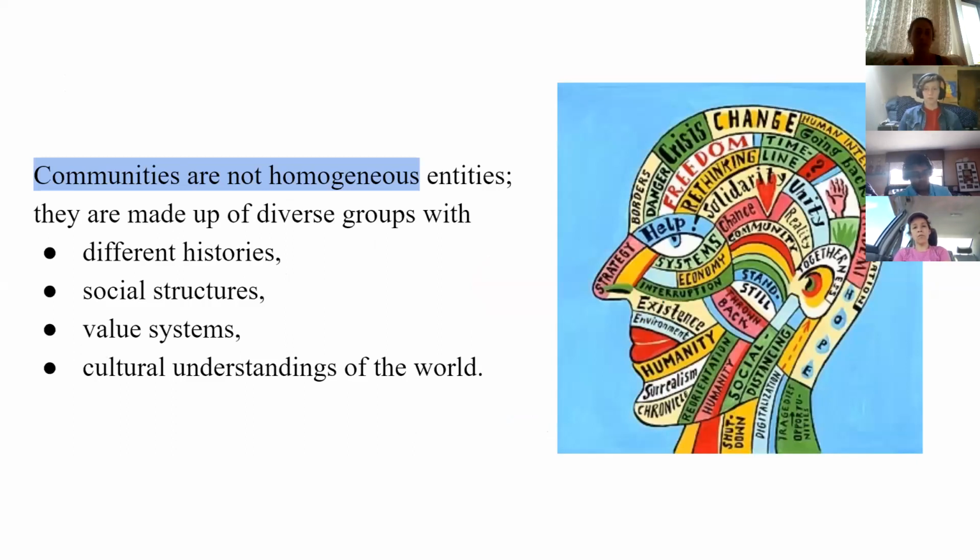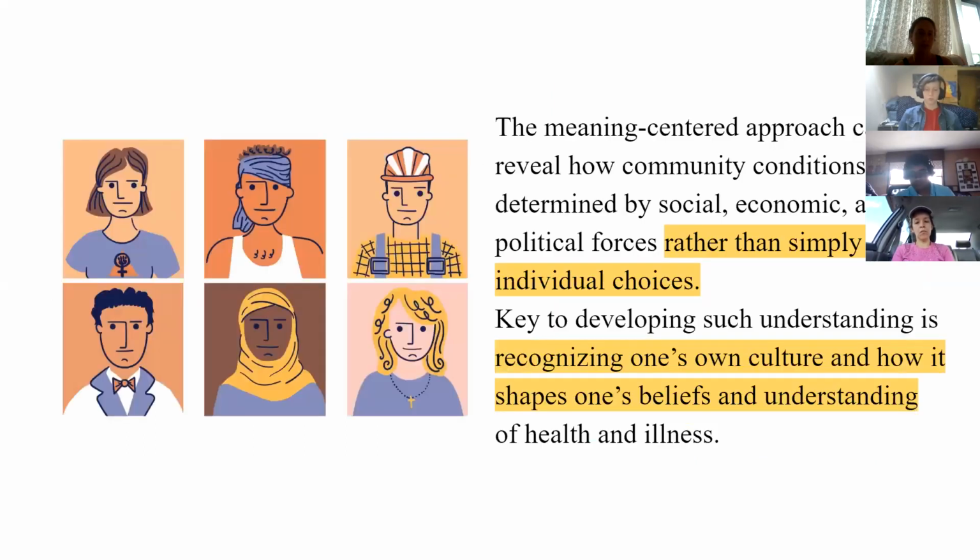They are not homogeneous, and they are made up of diverse groups with different histories, different social structures, different value systems, and different cultural understandings of the world. To really understand why a community exists and to gain a meaning-centered approach towards a community, we need to recognize an individual's own culture and how it builds up one's belief systems and identity.